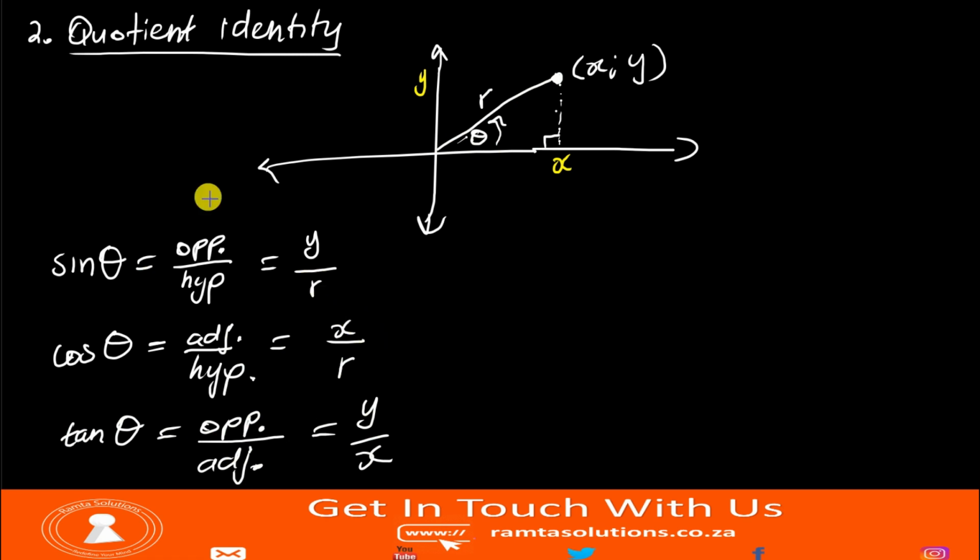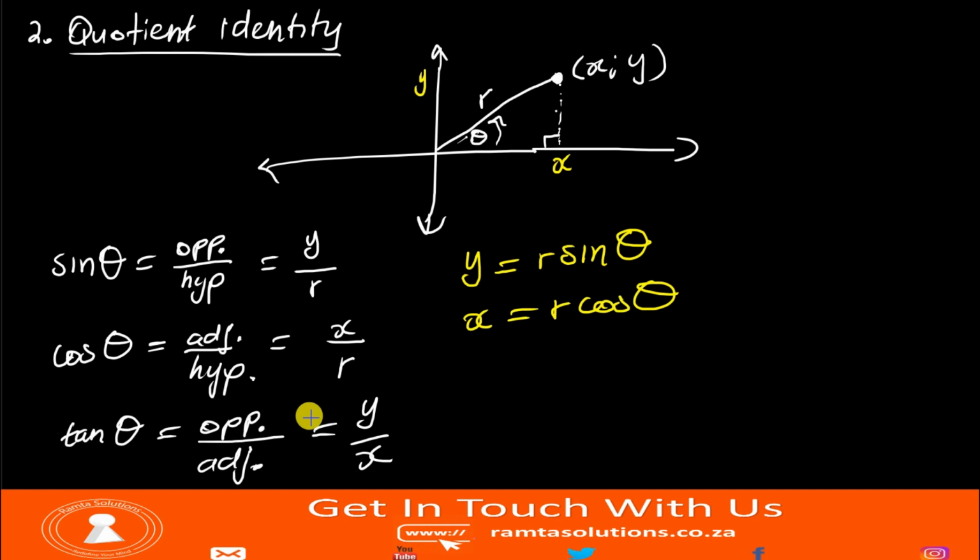From here, we can say y is equal to r sine theta. Can you see that? In the same way, we can say x is equal to r cos theta.